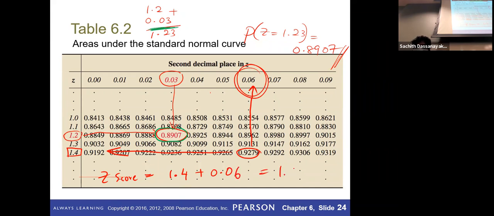This means 1.46. Clear? Same applies if you are dealing with negative C values. Don't worry about the negative value. It doesn't matter. If you have negative values in the next table, it is also like this, finally plug in the negative sign. That's how you deal with it. Clear? Okay.